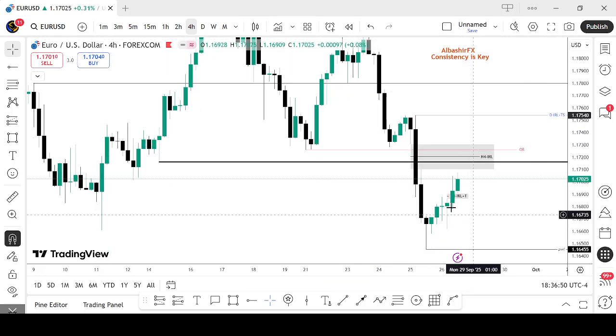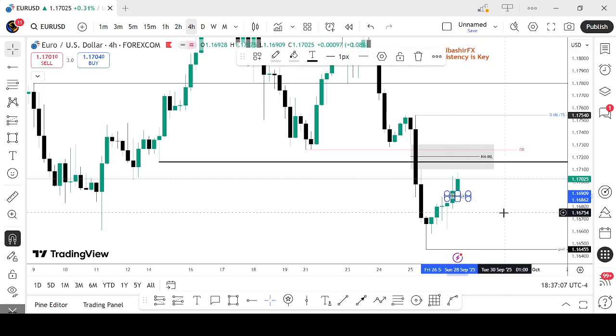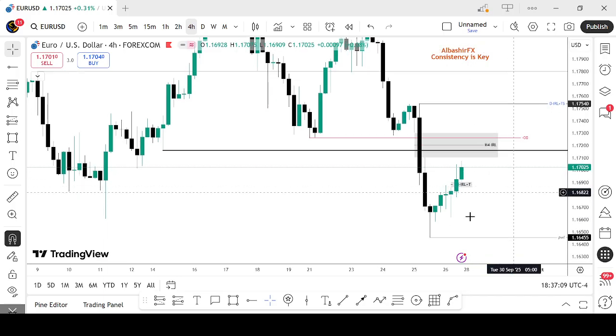That takes us all the way to this fair value gap, right? We have the 4 hourly fair value gap, just like we did on DXY. Now we also have that same level on a similar level, not the same, on the lower time frame, which is the 4 hourly time frame for euro.